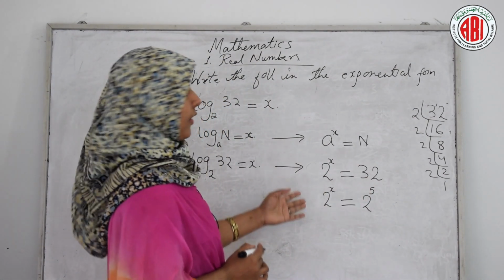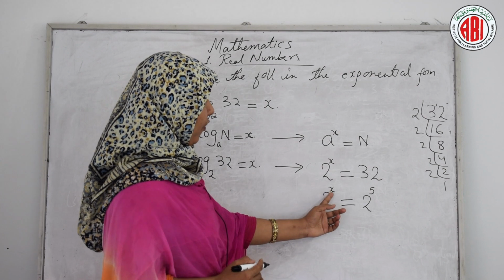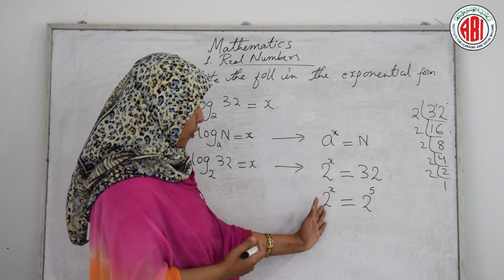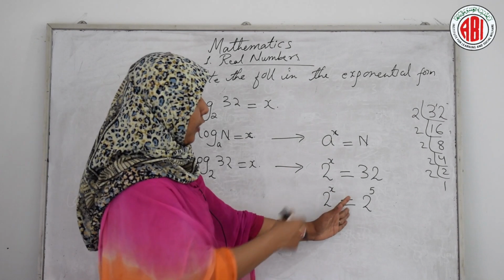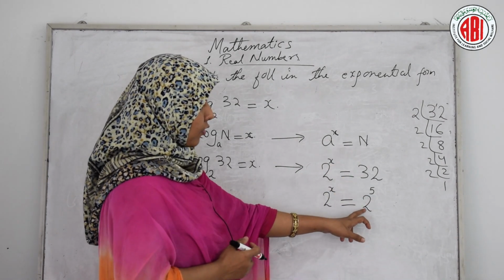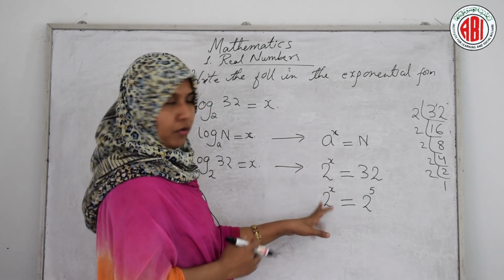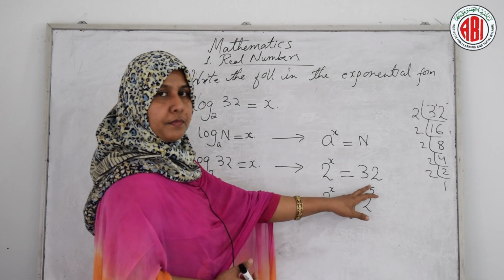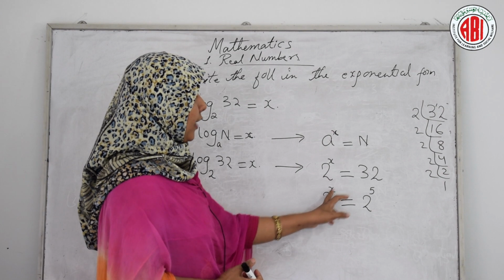Now after looking at this, we can easily get the value of x is nothing but 5. Look here, the left side base is 2, equal to the right side base, which is also 2. The base should be the same. Then only the exponents are equal, and then only we can say x is equal to 5.